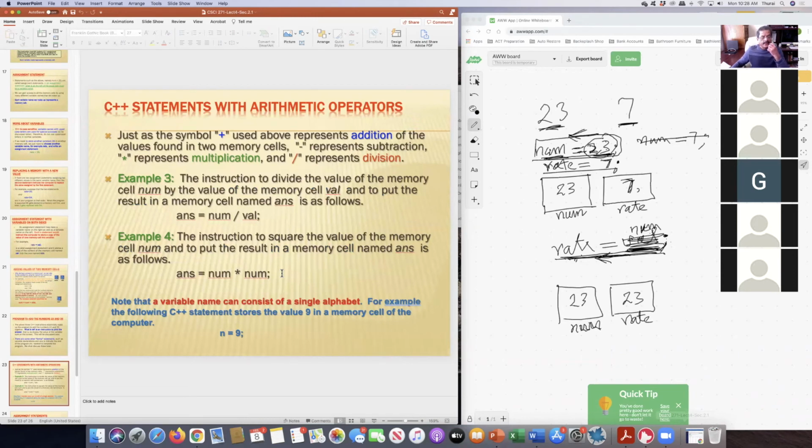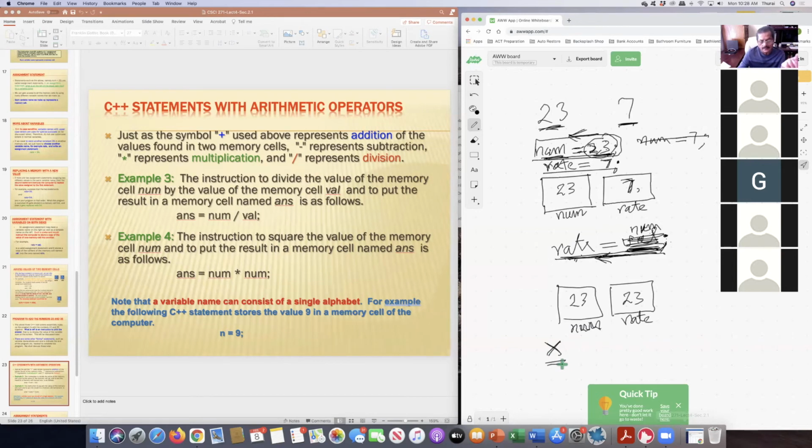So let's proceed to understand some more operations. Just like the plus does the addition, the multiplication will be asterisk. The reason for using asterisk is because if you allow the cross symbol, the multiplication symbol, there are two problems. One is the keyboard doesn't support this symbol.